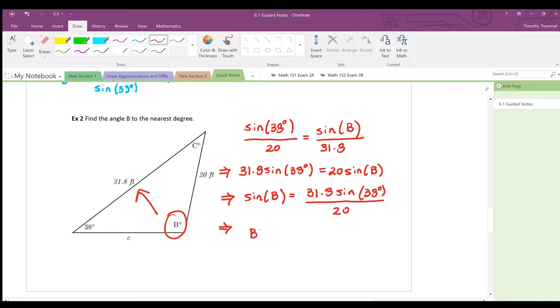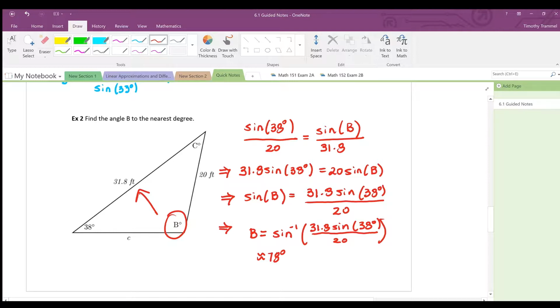So B is equal to sine inverse of 31.8 sine of 38 degrees all over 20. If you plug that into your calculator and round to the nearest degree, you should be getting about 78 degrees.